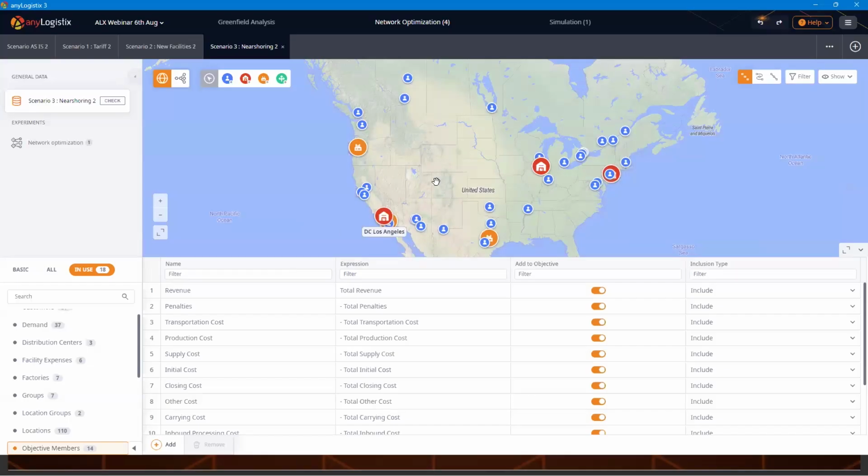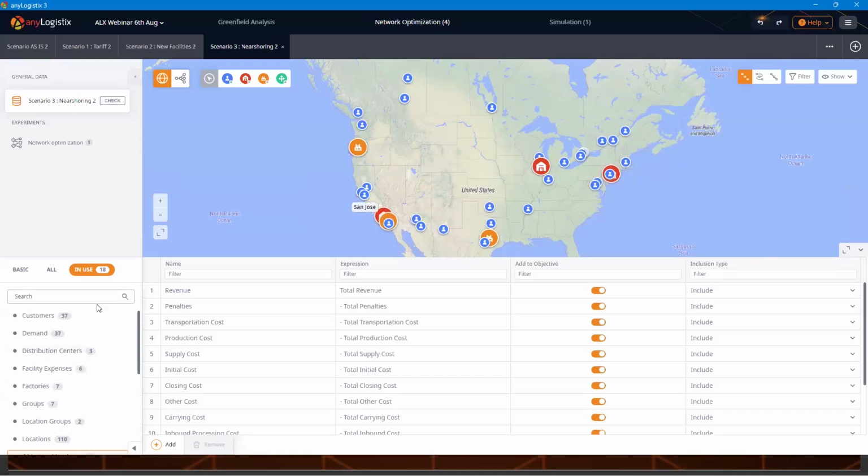So this is a typical case of nearshoring, or we can say localization, due to the political tension. Each company is trying to produce more and more in the same country to avoid the fluctuations, or I can say the wave of the tariff or the wave of uncertainty. So this is the third scenario that we built.